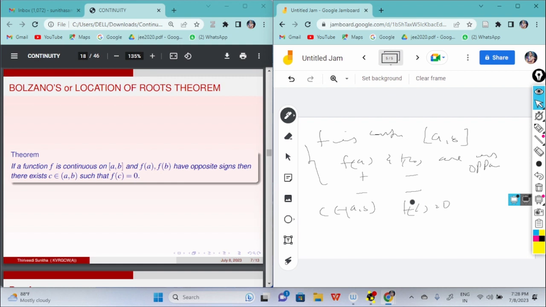So to prove this theorem, there are two cases. Case 1 is f(a) is positive, f(b) is negative. Case 2 is f(a) is negative, f(b) is positive.